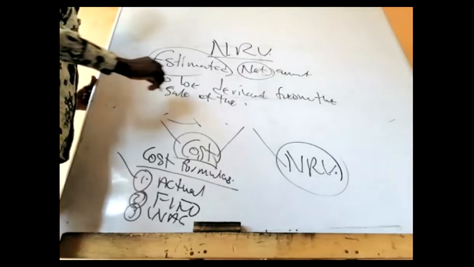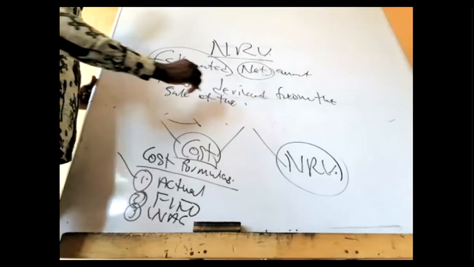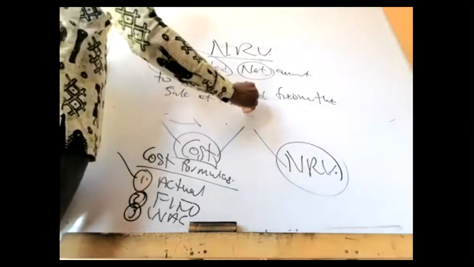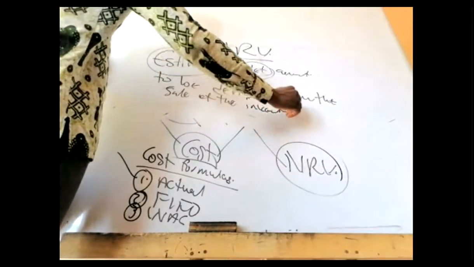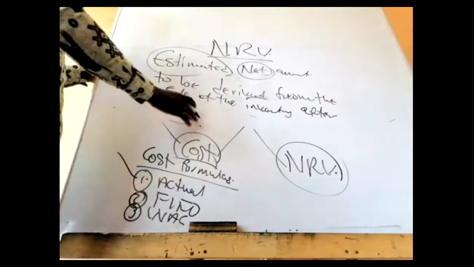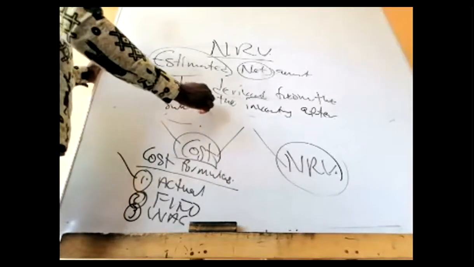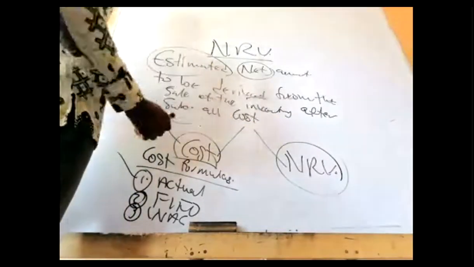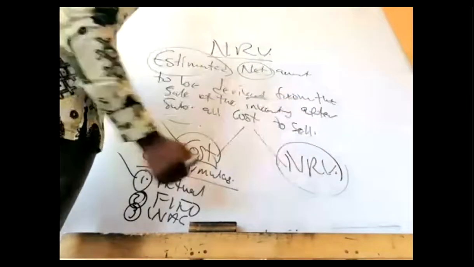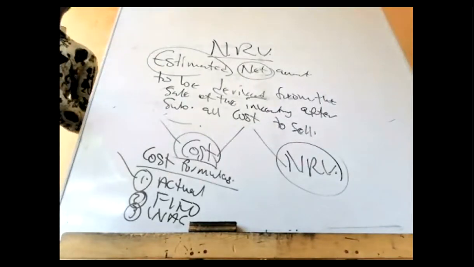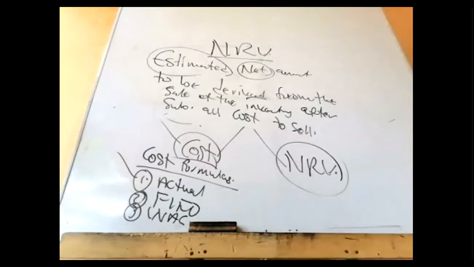So you have the general definition, and if you want to be specific, I'll take this asset and make it inventory, because here we're talking about inventory. So: of the inventory, after subtracting all costs to sell, all selling costs.